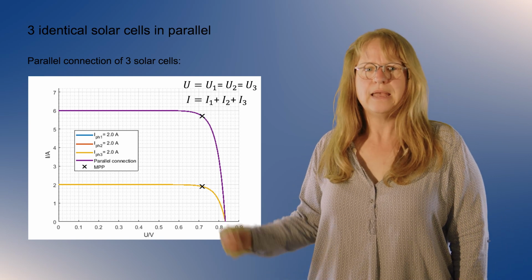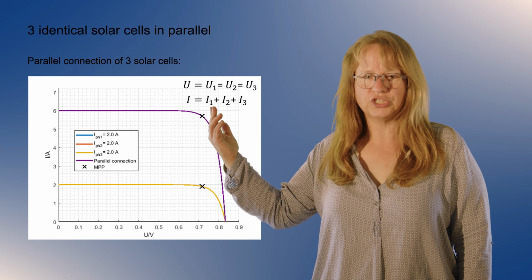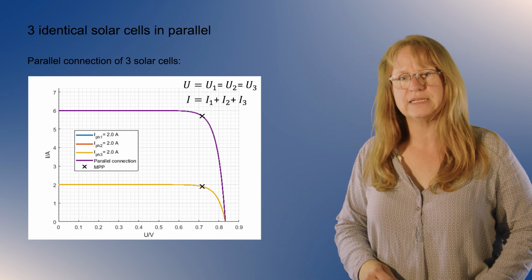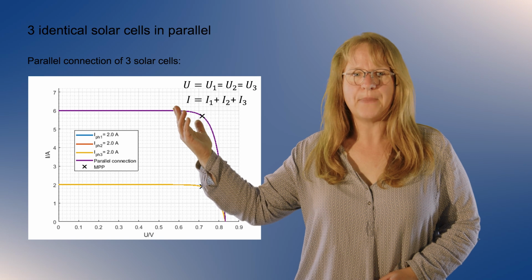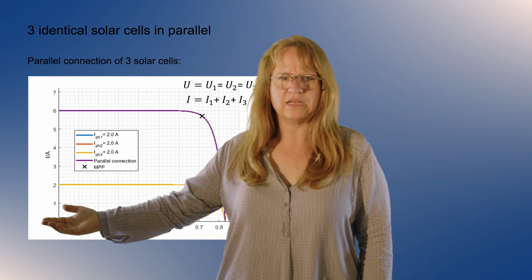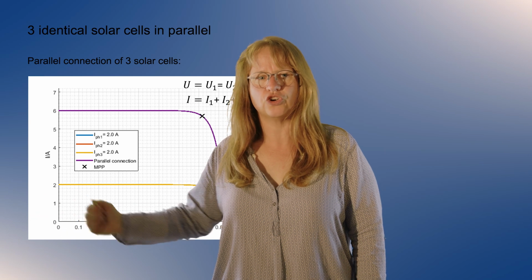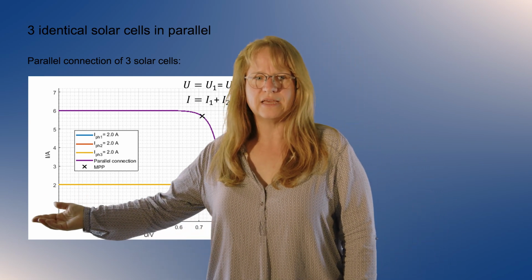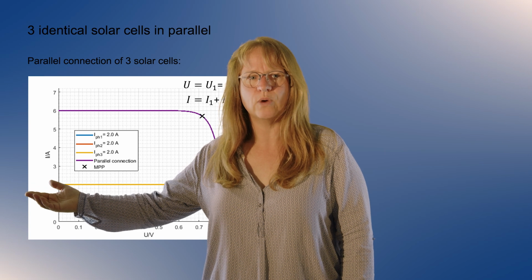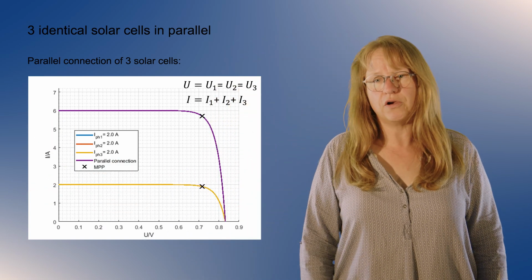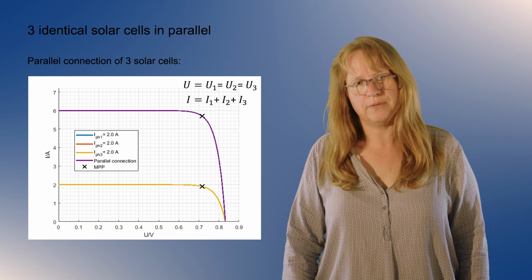Now, if we use the circuit equations, that means if we want to calculate the total IV characteristics, all we have to do is to sum up the currents at a given voltage. So, for example, if we are right at the beginning here at a voltage of 0, so we are considering the short circuit current, then that means we have 3 times 2 amps, and that is exactly equal to the 6 amps for all of the three solar cells in parallel.